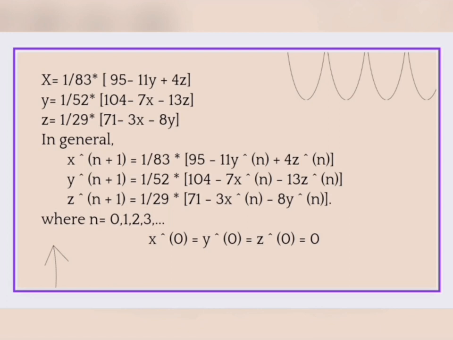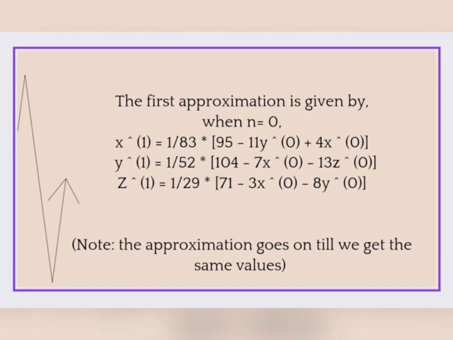And we write in general for n, where n is equal to 0, 1, 2, 3 and so on. The first approximation is given when n is equal to 0. Note, the approximation goes on till we get the same values.